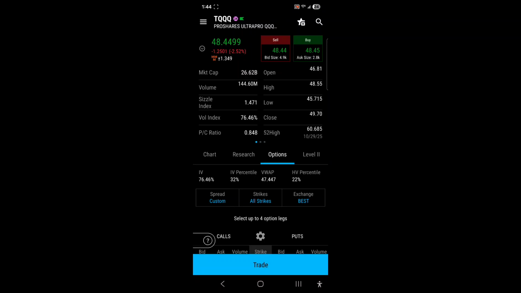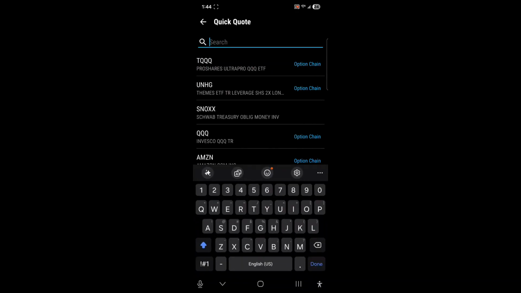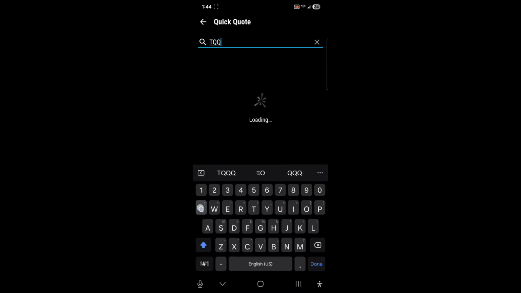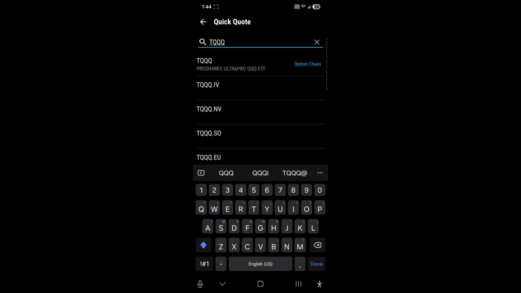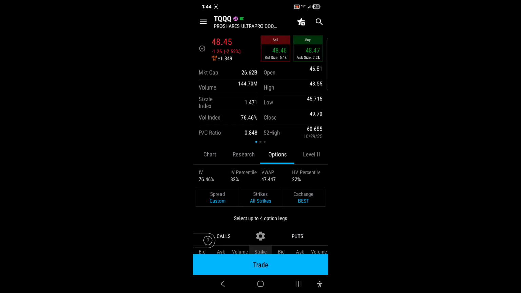This is the option chain. First off, I will have to choose a ticker symbol. That part is important later on, but I will need to just show you one. I'm going to type in TQQQ and it populates. So here it shows all the information. This part up here shows the price it's selling, the price it's buying.